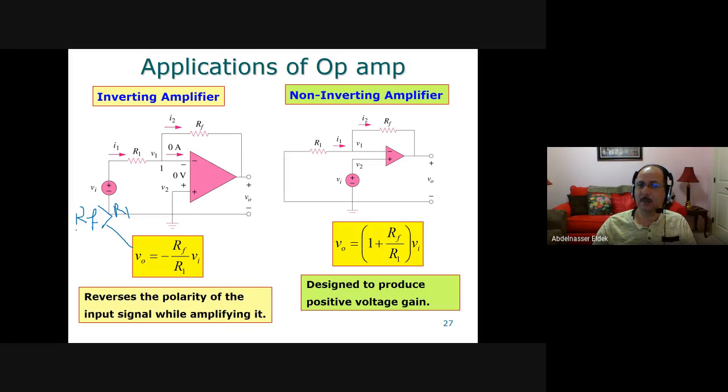So in this case, this is called an amplifier, because RF is more than R1.